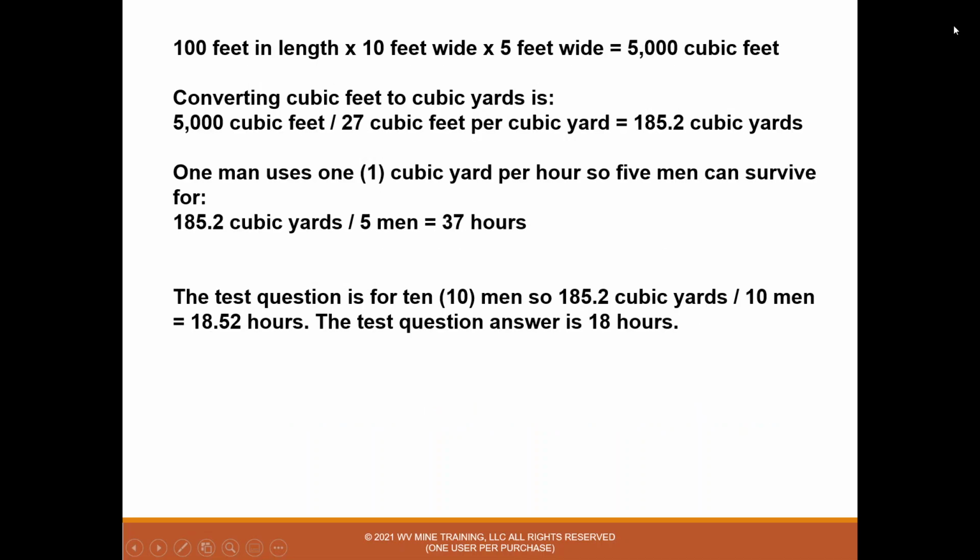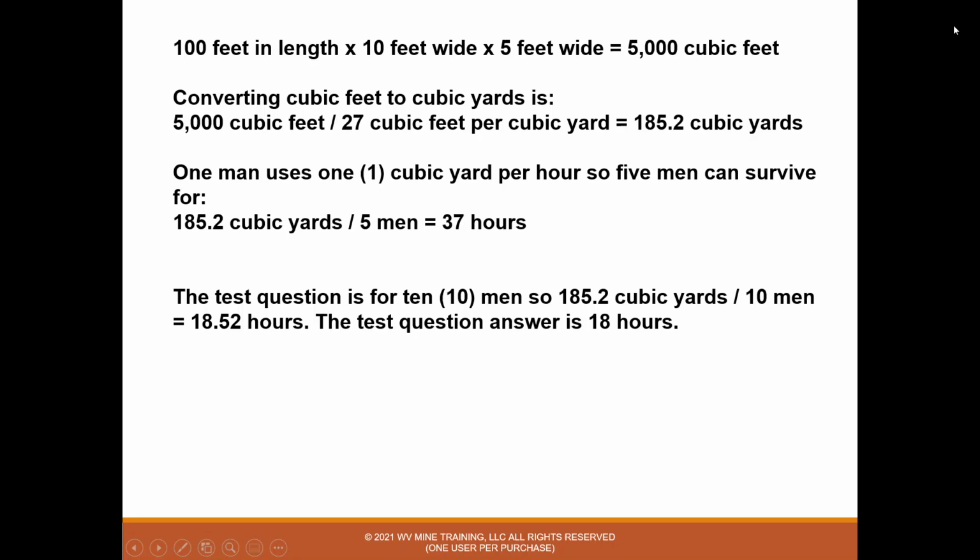The math for that is you calculate the area, 100 feet in length, 10 feet wide by 5 feet high, is 5,000 cubic feet. That's the area. Converting cubic feet to cubic yards is 5,000 cubic feet divided by 27 cubic feet per cubic yard. That gives us 185.2 cubic yards of air.